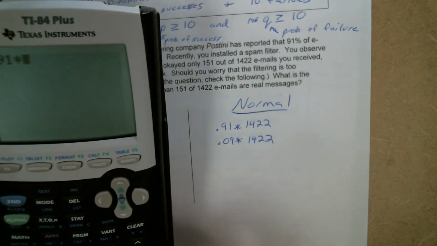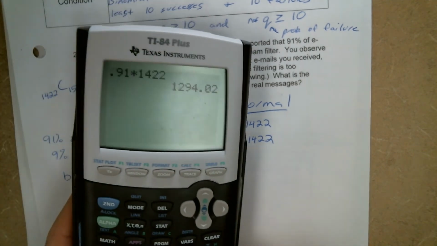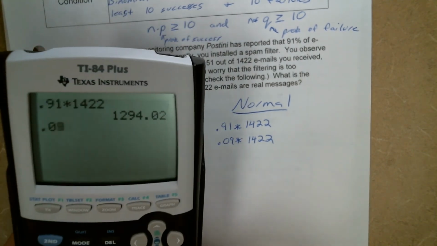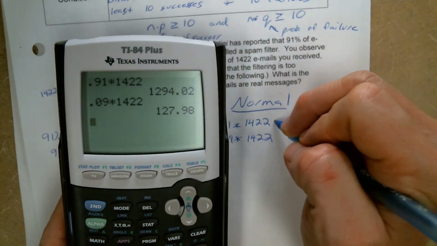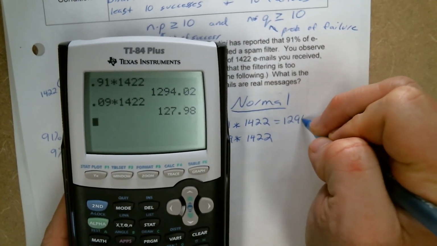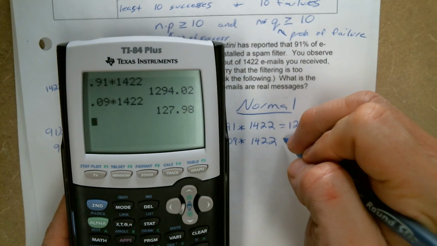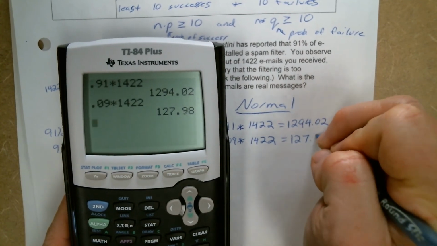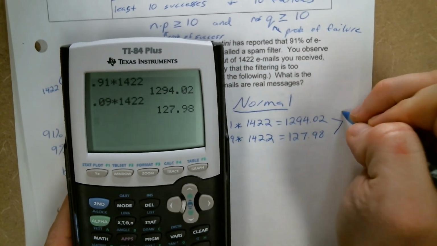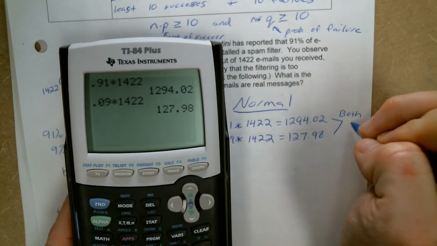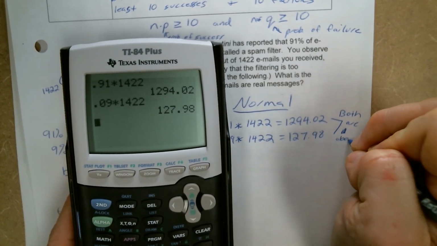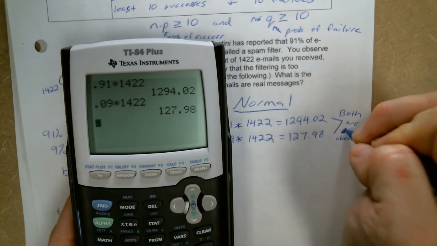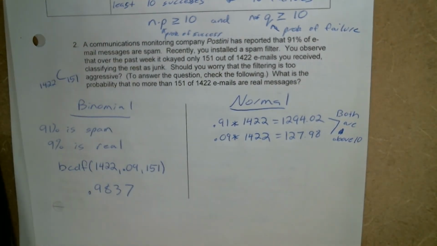So 0.91 times 1422 is way bigger than 10. 0.09 times 1422 is still bigger than 10. So 1294.02 and 127.98, both are above 10. All right, so that's what I needed to see there.